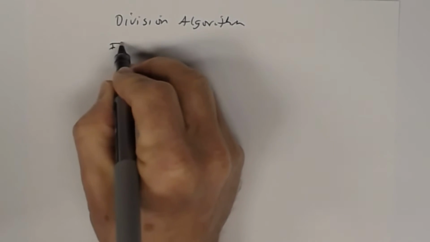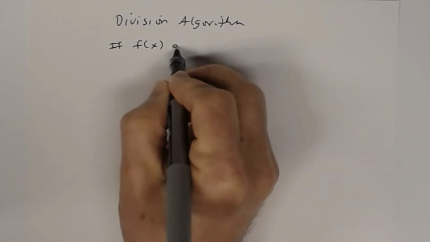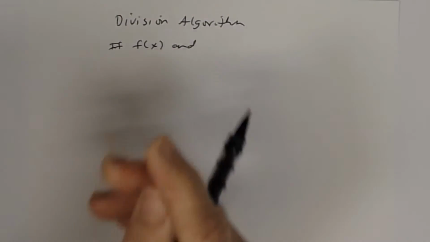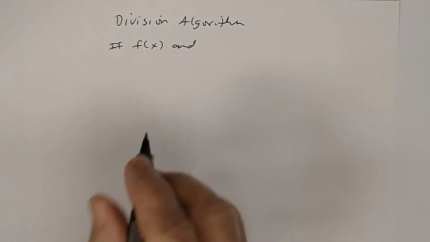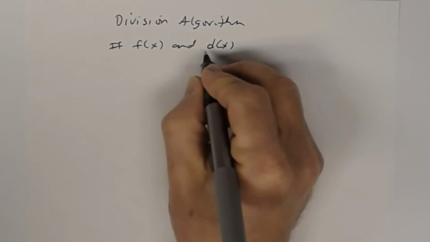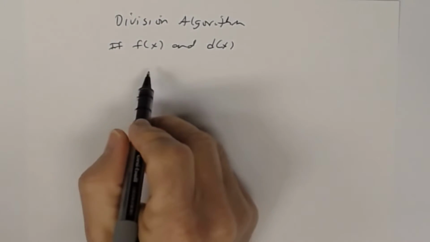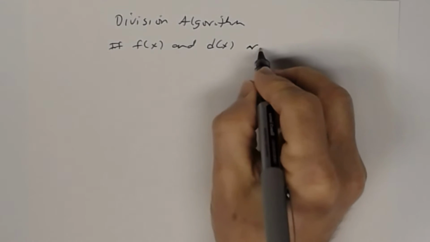So if f of x and, remember this is your divisor, so I'm going to use d of x. So d for divisor.